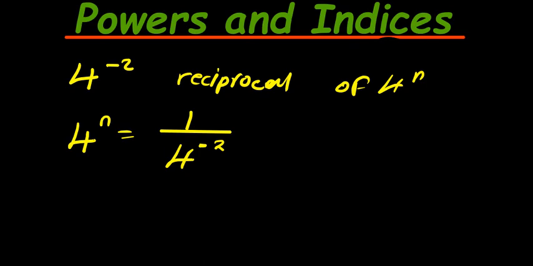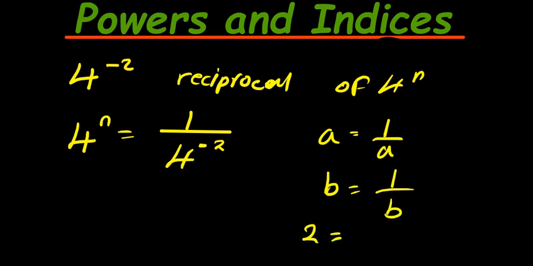Let's say we have a, the reciprocal of a is 1 over a. The reciprocal of b is 1 over b. The reciprocal of 2 is 1 over 2. That is the reciprocal. Now having understood this, let's solve the question.